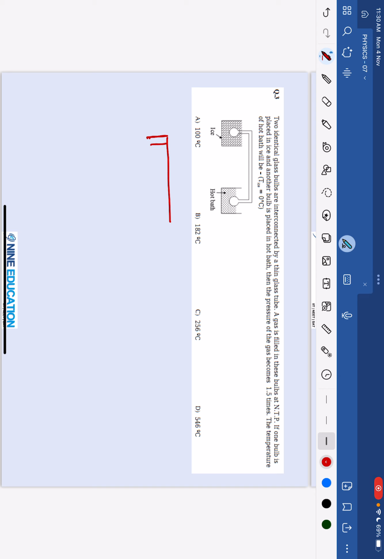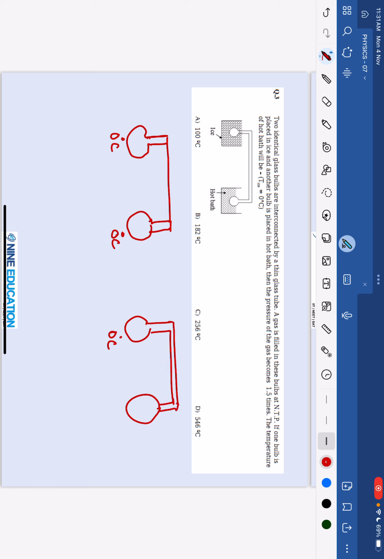This is bulb number 1, this is bulb number 2, and in the beginning, both are at 0 degrees Celsius. And after some time, this one is placed into ice, which is at 0 degrees Celsius, and this one is placed at some temperature T that we do not know.